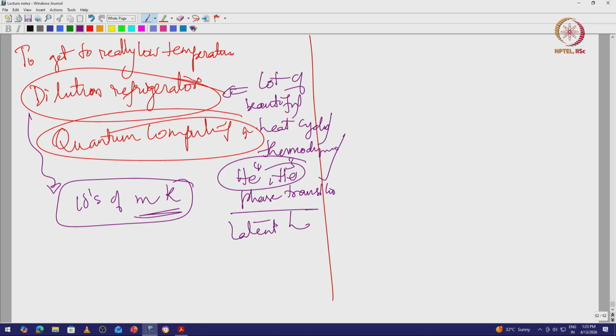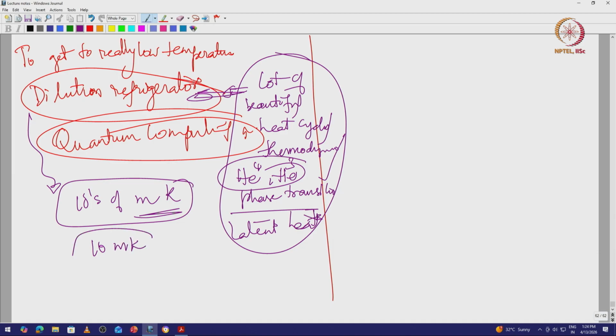All these things that we are talking about are used in this technology to create dilution refrigerators where I can cool my material to about 10 millikelvin. Now 10 millikelvin is 10 to the power minus 3 of a Kelvin, so this is the closest I can get to 0 on a day to day basis.